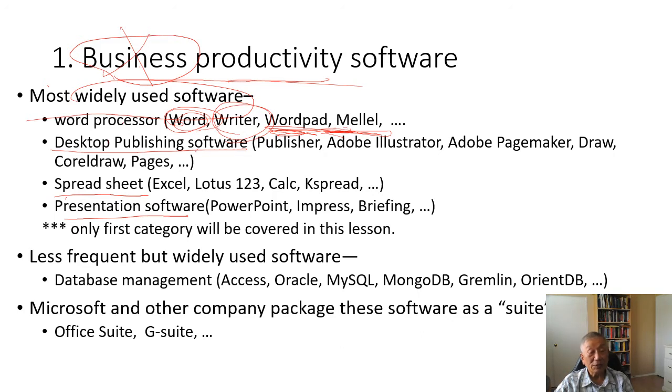Then desktop publishing. There are differences between a word processor and desktop publishing. A word processor is just creating a document. Desktop publishing is making a document for publishing or for others to look at, so a little more elaborate. A publisher is what you use when you want to make a card or a poster.